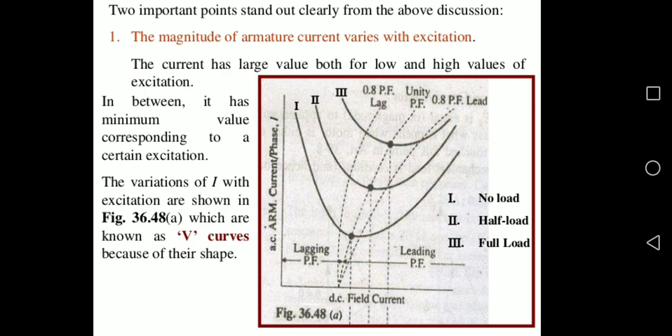And remember that point in point 5: a synchronous machine is running at a unity power factor condition or normal excited condition. If the excitation is increased, then the armature current is more.